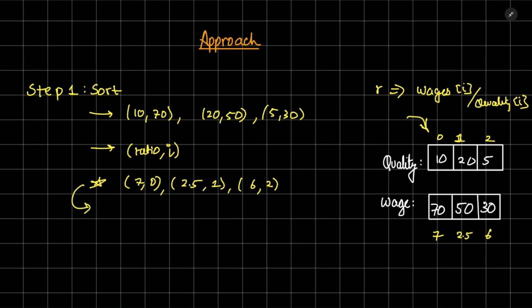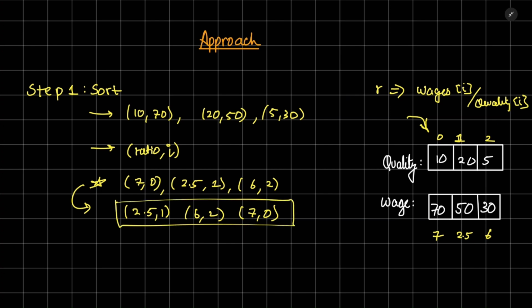So you don't need to make a custom comparator for this purpose. You will just sort it and it will be sorted based on the first value automatically. That would be giving us 2.5 and its index is 1, then 6, and then finally 7, 0. So that's the final vector after sorting according to the ratios. And if we want to access the quality or wage of any worker, we can do that by this index.